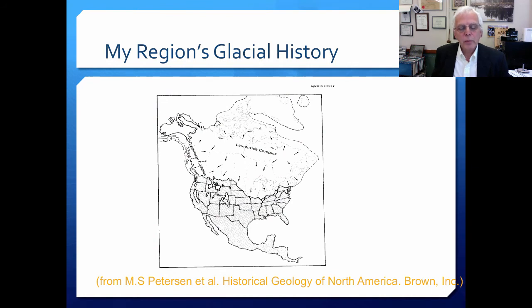The region I live in is the Midwest U.S., and of course we see quite a lot of the influence of glaciers. We were influenced by this very large Laurentide complex about 12,000 years ago that left a lot of sediments and created a fair number of river networks as well as lake networks.